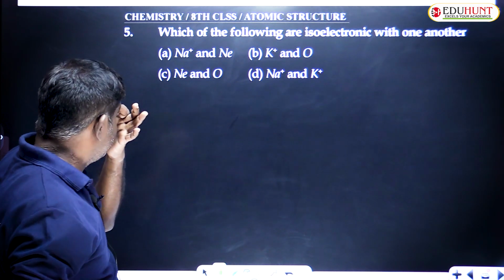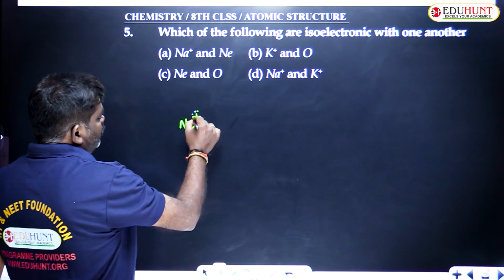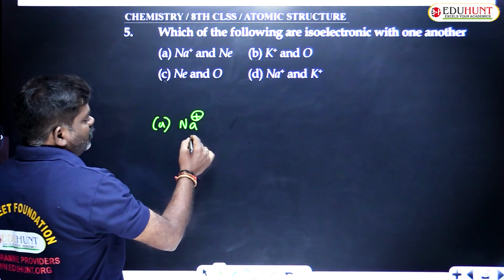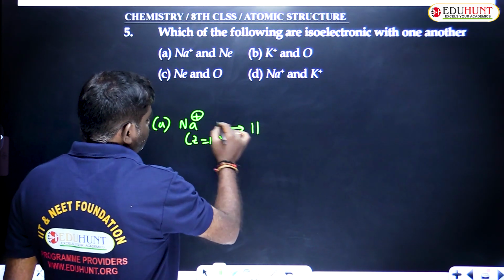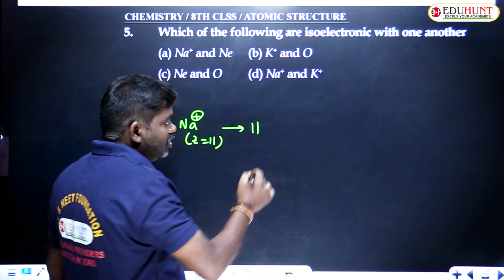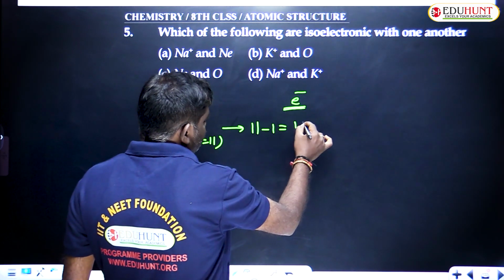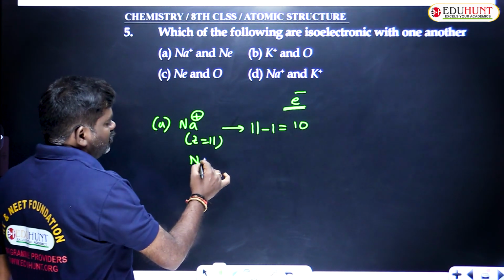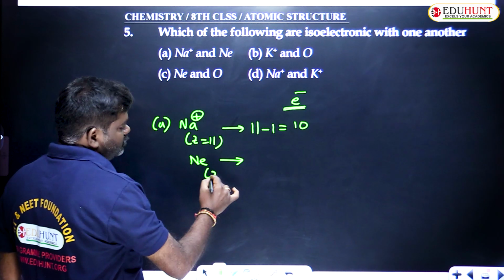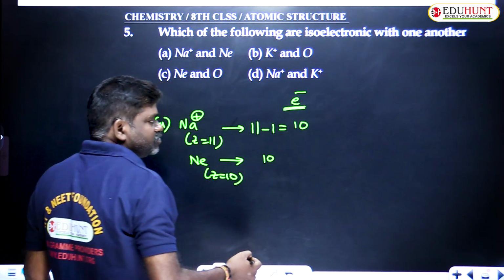For example, if you take sodium, Na, what is the atomic number of sodium? It is 11. Na+ means it lost 1 electron, so the number of electrons is 10. Neon has atomic number 10, so it directly contains 10 electrons.